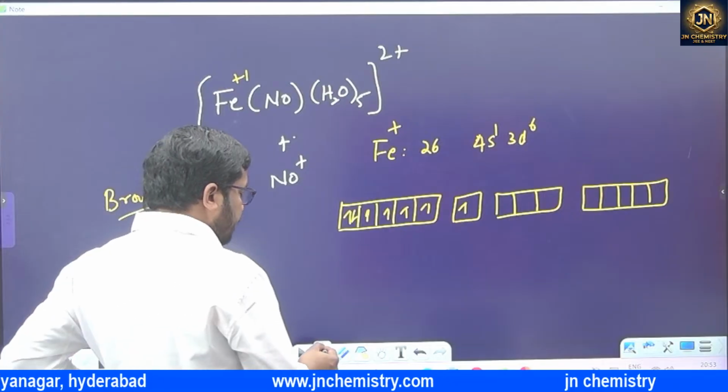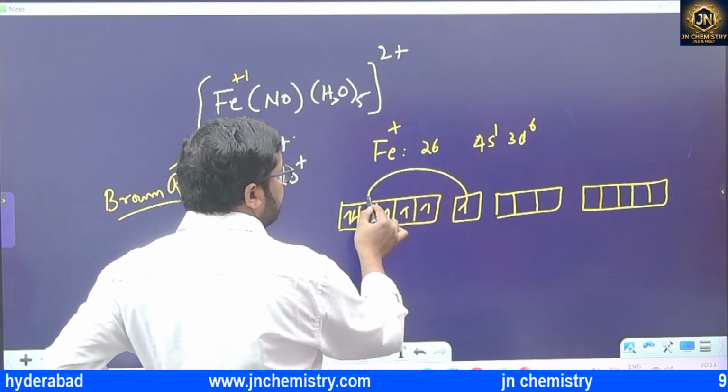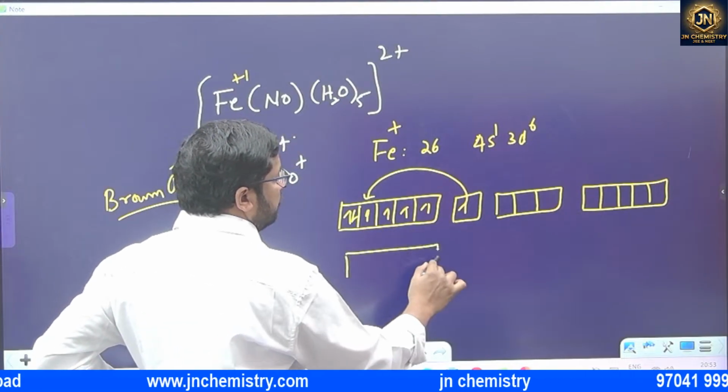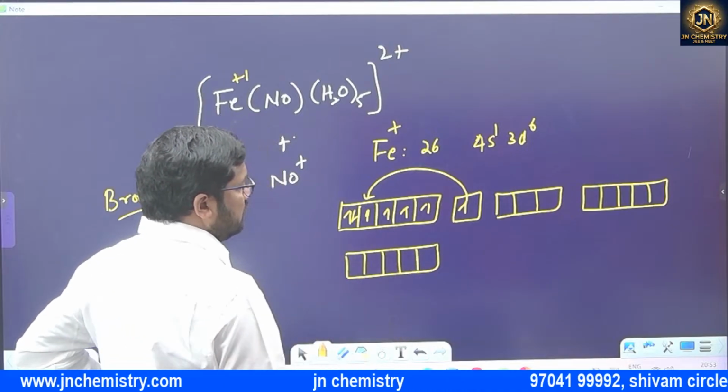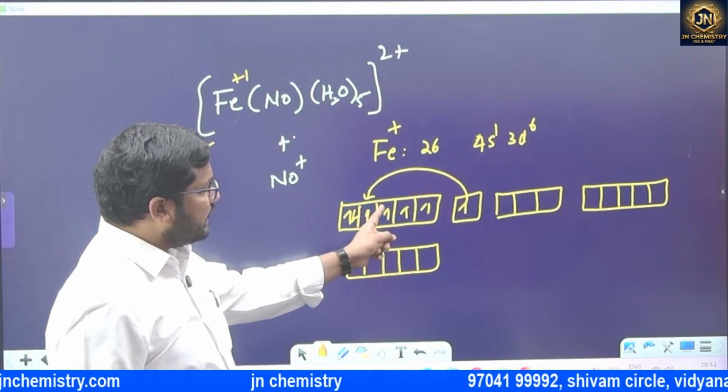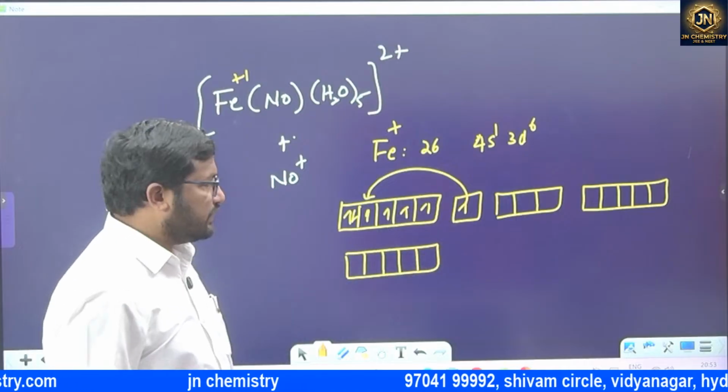This NO plus, because of NO, pairing takes place here. This is also one of the exceptional cases, right? Because if it is coming here, d2sp3 is not sufficient.